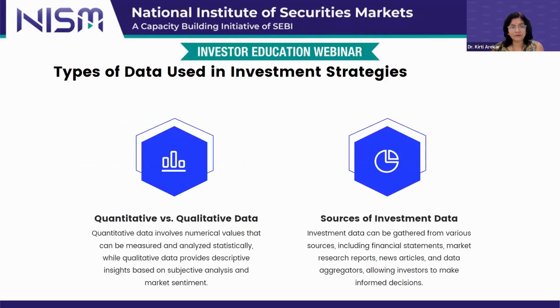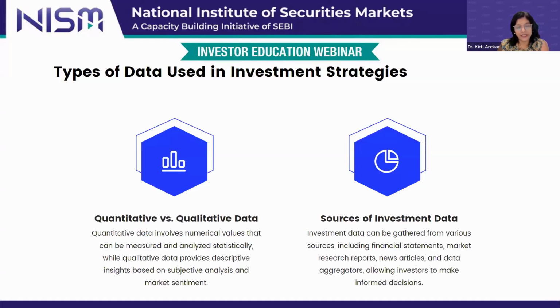Now this is also very important, because when we say data driven investment strategies, there is a lot of confusion about how we will take different types of data, which type of data we should take for the analysis, or if you want to build different portfolios and strategies, what type of data.